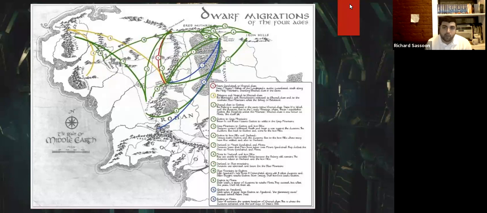In Moria, the Balrog comes. In the Grey Mountains and Erebor, the dragons come. In Dunland, they're open to attack from the wild men. In the Blue Mountains, they're accepted, but only to a certain degree, and they don't generate the wealth and prestige that they did elsewhere. And so, for a variety of reasons, they keep moving from place to place in search of a place to call home.